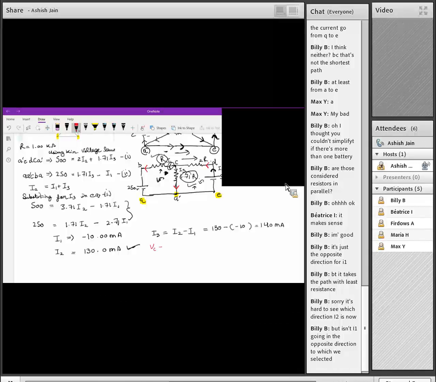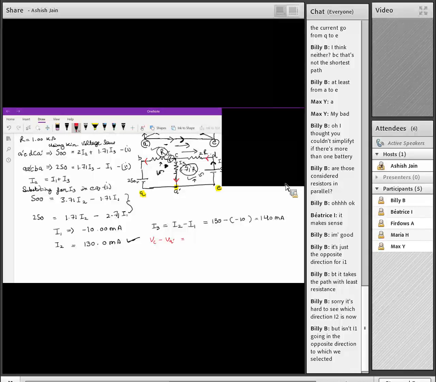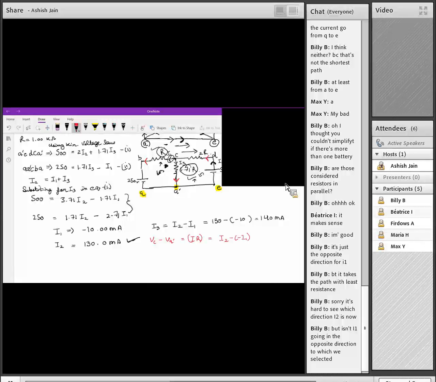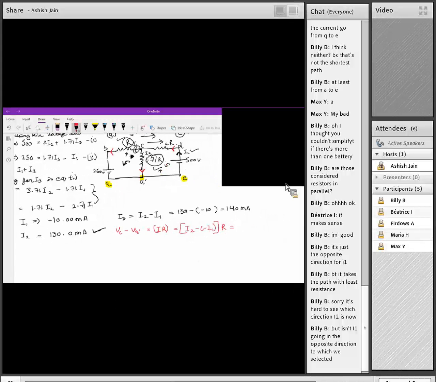VC minus VA dash can be written as IR. That is I2 minus I1 into R. 140 into 1.71.